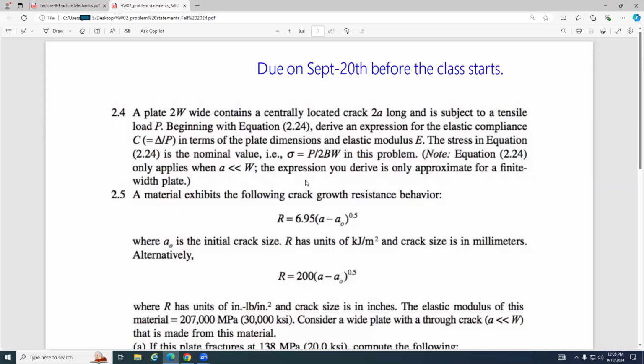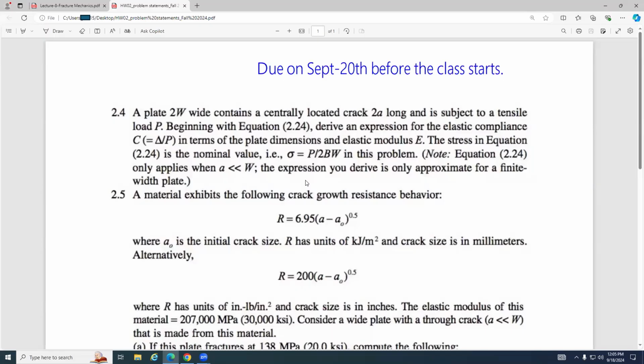So we have this. G is the energy release rate, and G equals P squared divided by 2B, dC over dA.